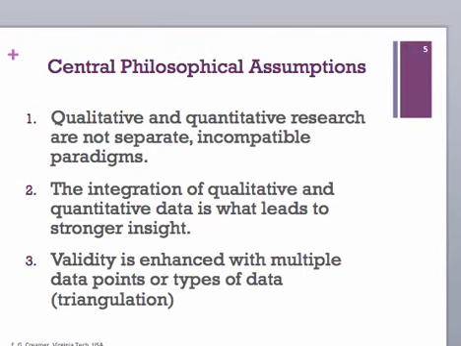When you look at it as a methodology, there are some basic philosophical assumptions that members of the mixed method community agree upon. The first one is probably the most important, and that is the view that qualitative and quantitative research are not separate and incompatible paradigms. It would really be difficult to do mixed methods research unless you ascribe to this particular philosophical assumption.